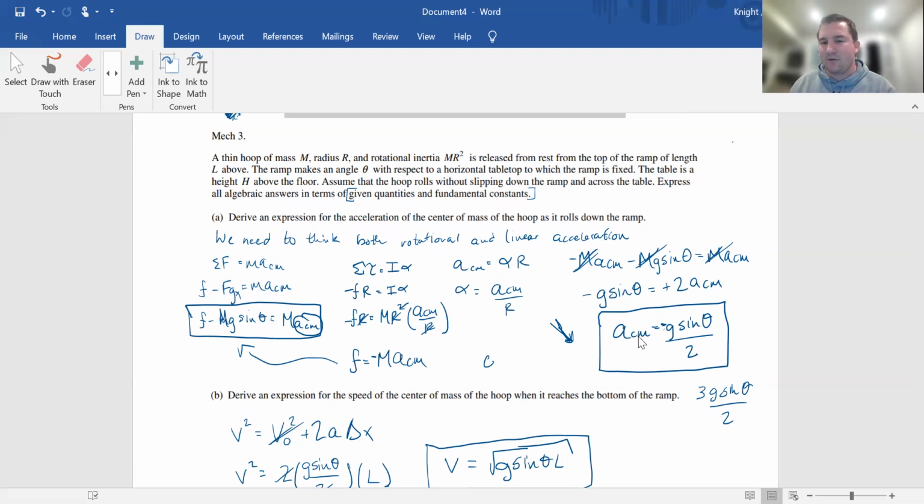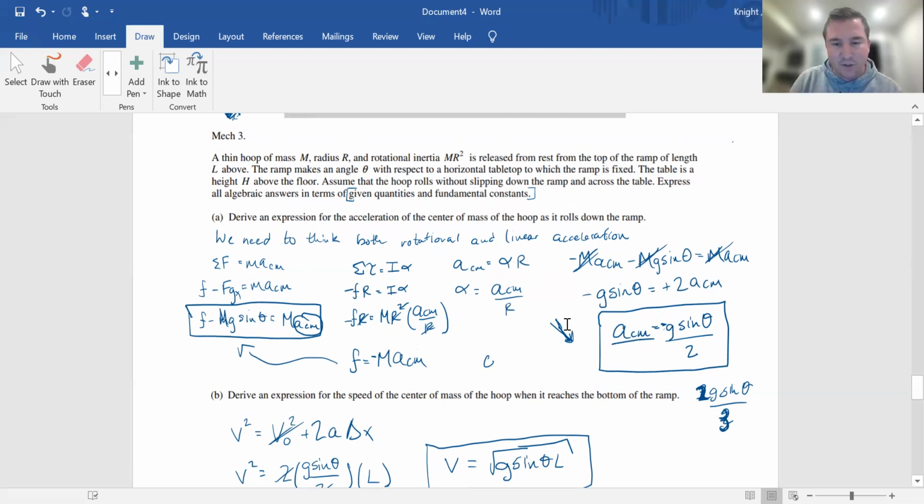Did I do that right? It would be 2/3, I think. Still, 2/3 is bigger than 1/2. It is 2/3. So 2/3 g sine theta is bigger than 1/2 g sine theta, which means our acceleration is bigger, right?